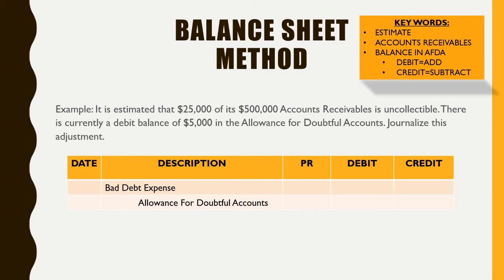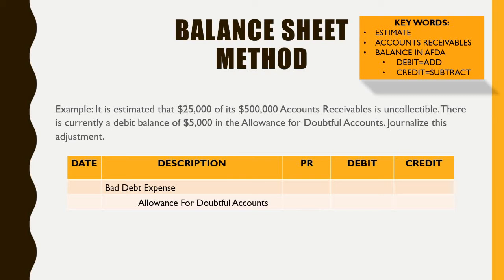So, if you're already on the left side, 5,000, how many more do you need to get to the right side to reach 25,000? You need to backtrack 5,000, and then you need to keep going an additional 25,000, making it a grand total of 30,000. So this is the method to this madness.